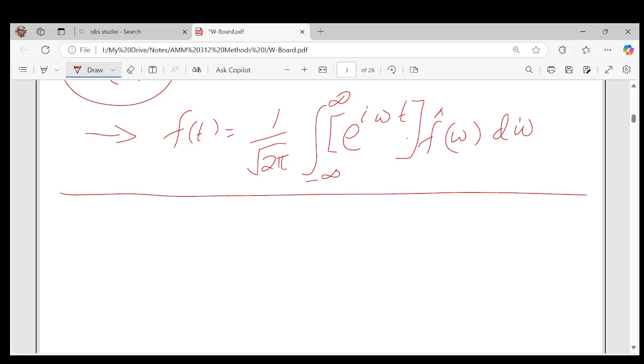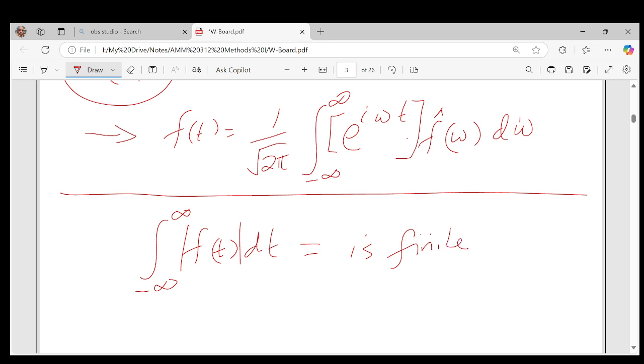So it is important to remember that the Fourier transform exists whenever f of t is absolutely integrable. And to say that f of t is absolutely integrable means that the integral from minus infinity to infinity of the absolute value of f of t dt is finite.